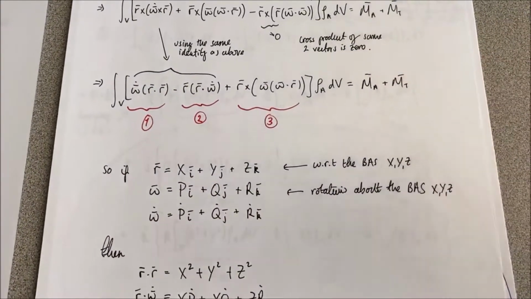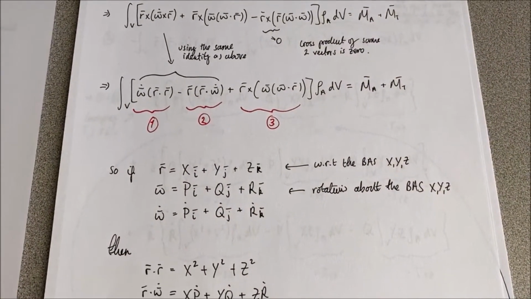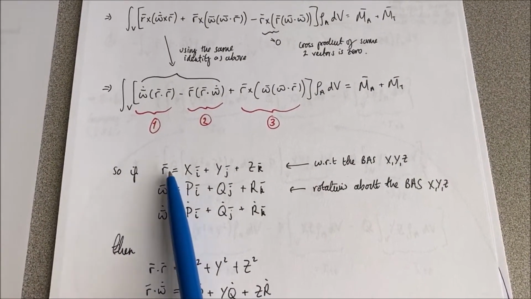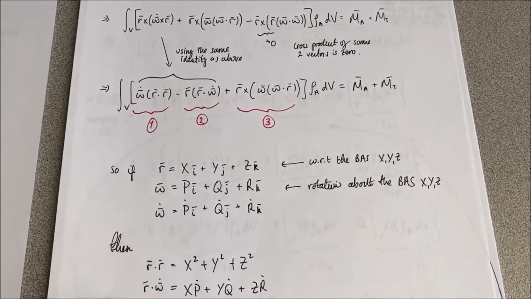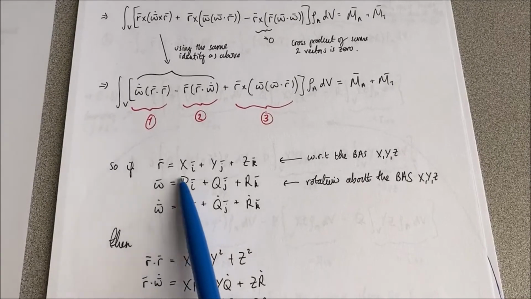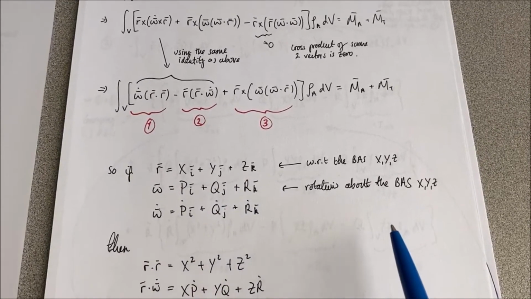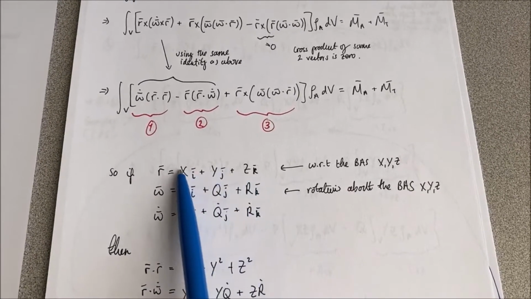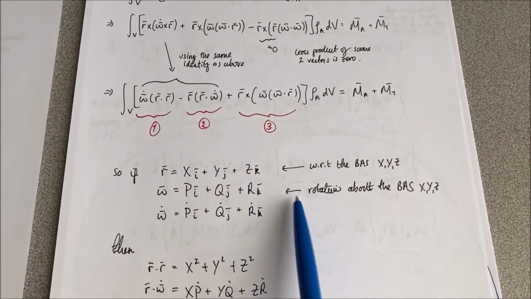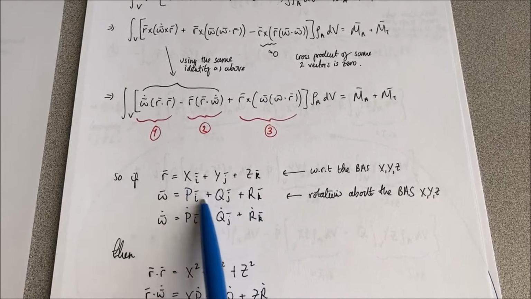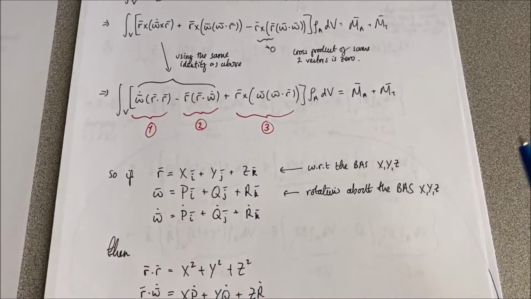So again, if we go ahead and define our components of these vectors, r bar, omega bar, and omega bar dot, which is the derivative of omega, as x, y's, and z's, and p, q's, and r's. So remember, these are with respect to the body axis system now, and these are rotations with respect to the body axis system.